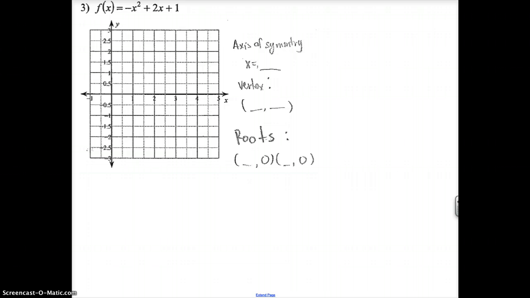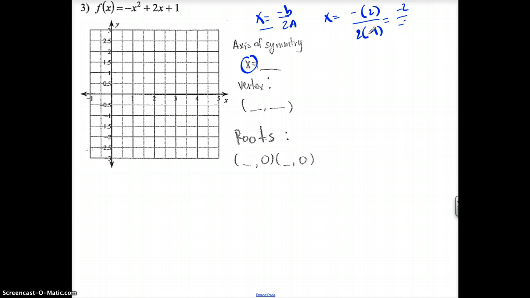Okay, so we're going to start the same thing again. Axis of symmetry is always going to be x equals negative b over 2a. So here's my x equals. So we'll have x equals negative, our b value is 2, and our a value is negative 1.